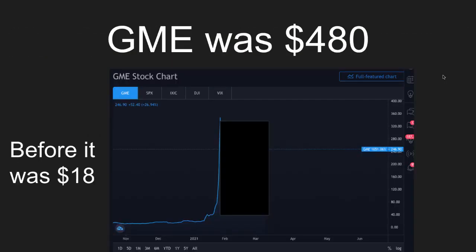Did they make money with the previous GameStop trade? I don't think so. Actually, I think most of them lost money. But let's take a look at what happened. For those who don't know, Wall Street Bets is one of the biggest threads on this site called Reddit.